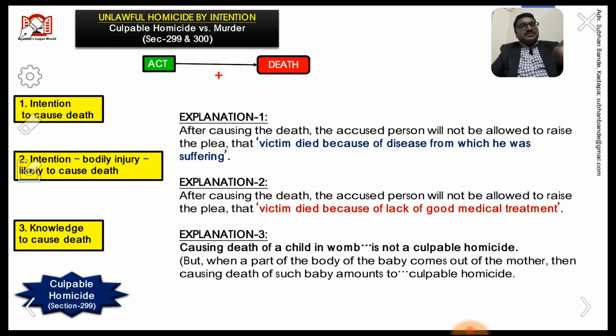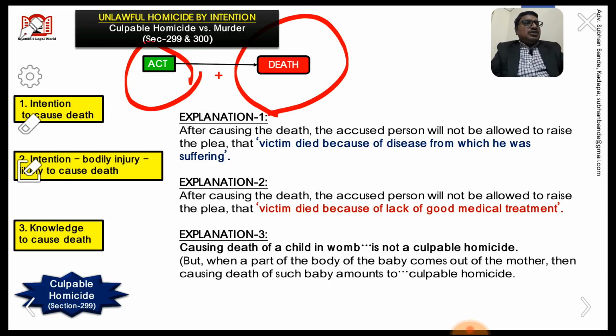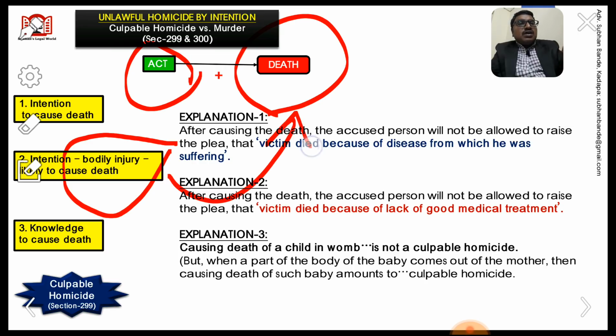The second kind of culpable homicide. A person, the accused, must do an act. This is the actus reus. The result of the act is the death of another human being. At the time of doing this act, the accused has the intention to cause bodily injury that is likely to cause the death of another person. In the first kind there is only intention to cause death.